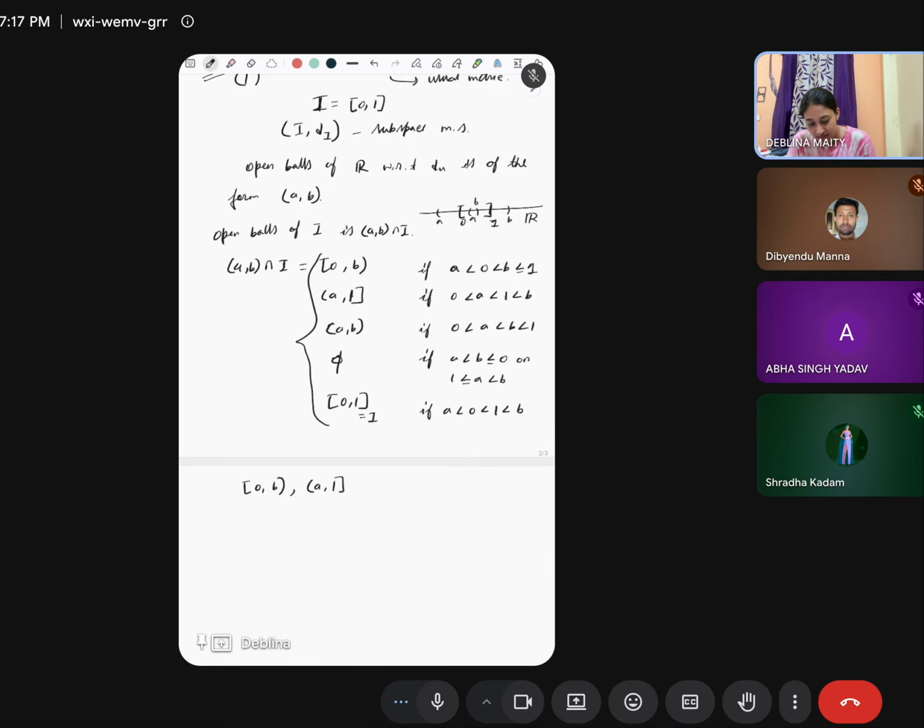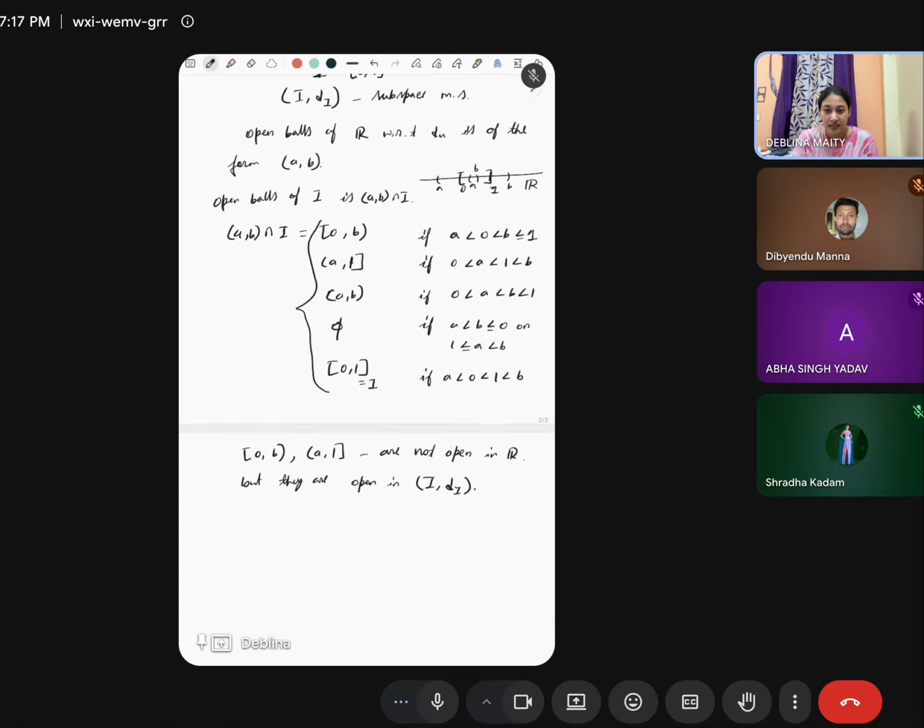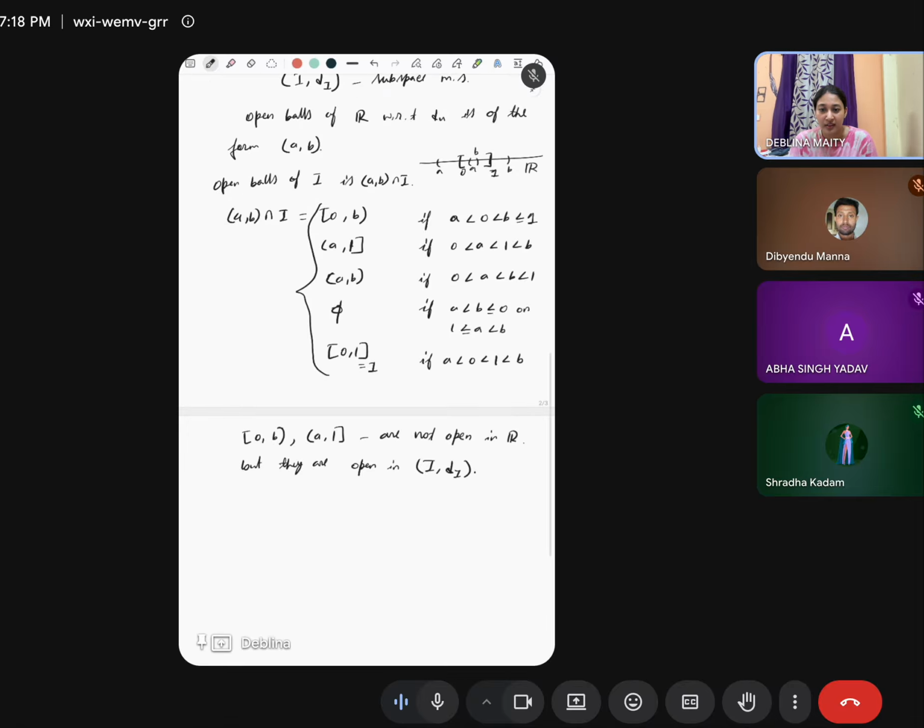These subsets are not open in R, but they are open in I with di, right? In the subspace metric they are open, but they are not open in the whole space.